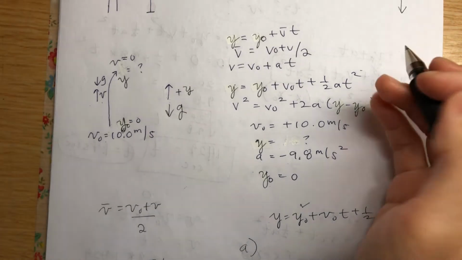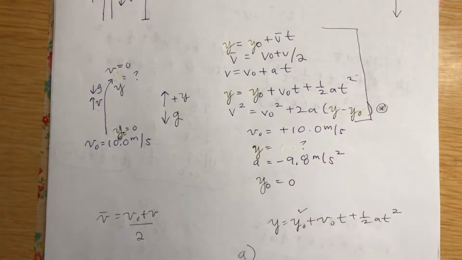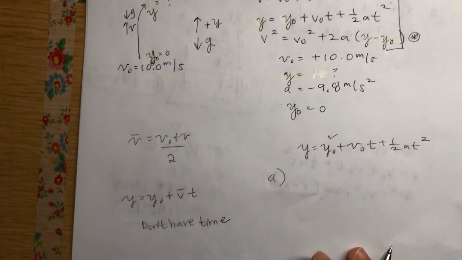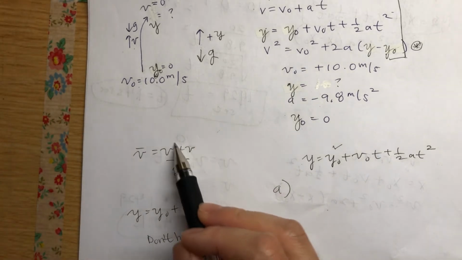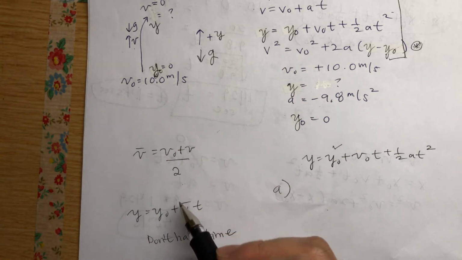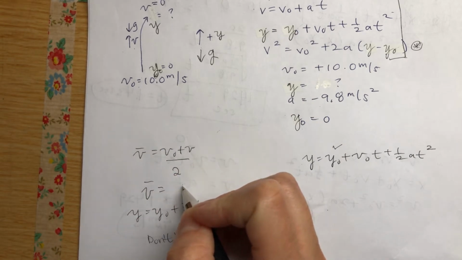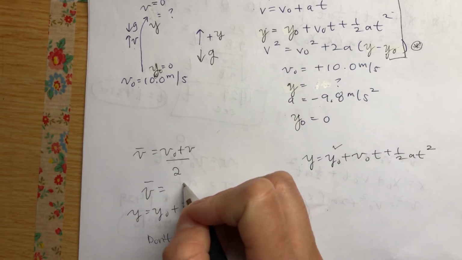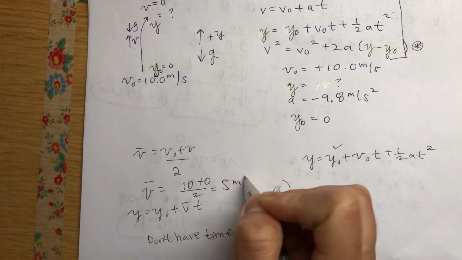So I have these 5 equations. For the average velocity, I have initial and final, so I can find the average velocity: 10 plus 0 over 2, so 5 meters per second.